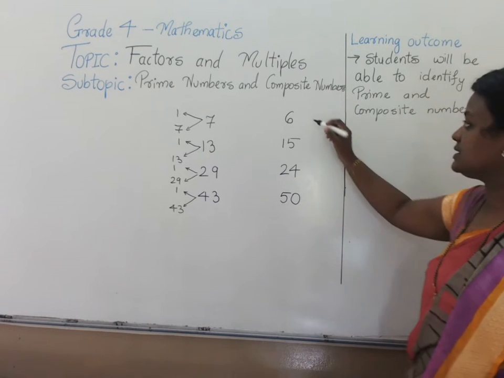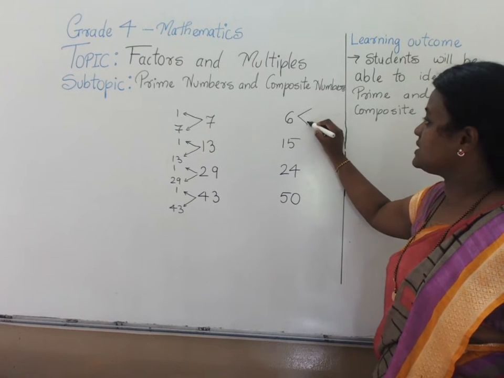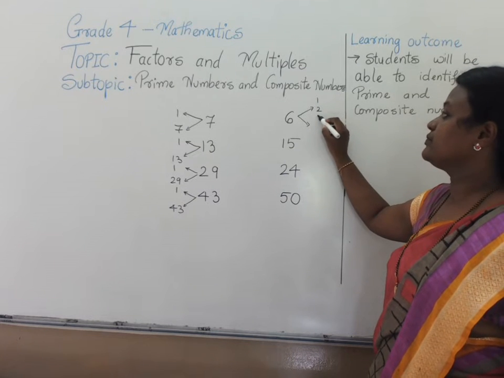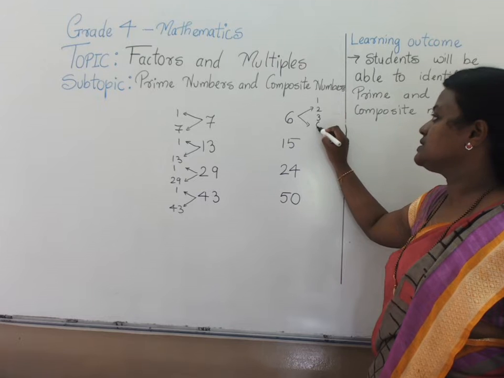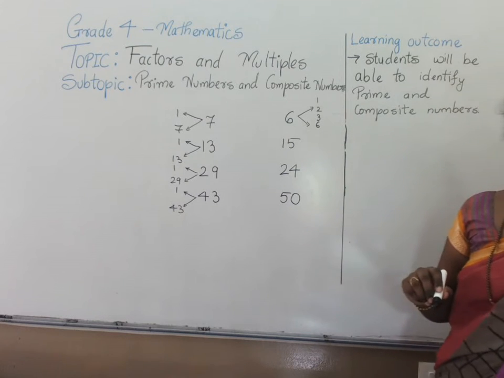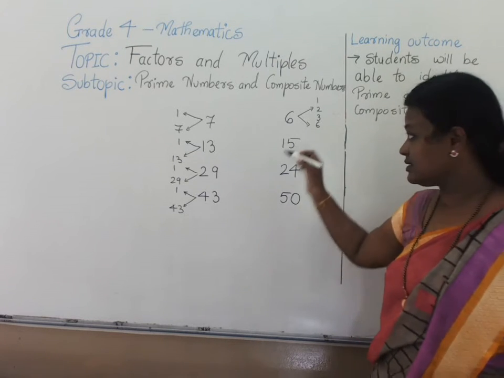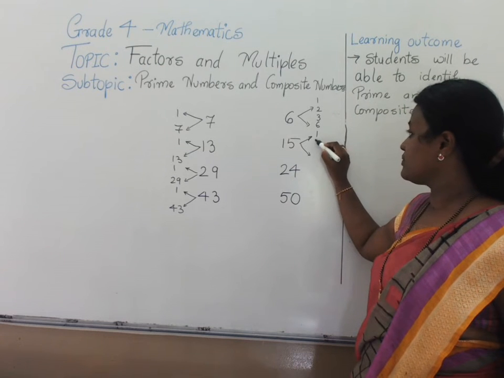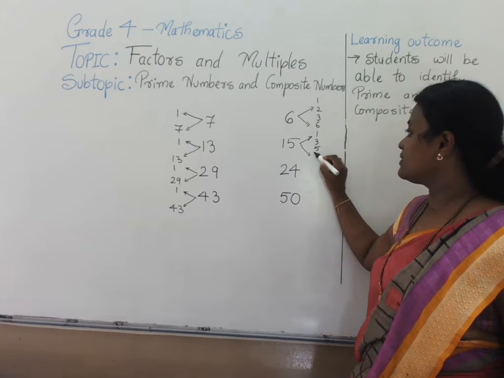Here you notice the factors of 6 are 1, 2, 3, 6. Factors of 15 start from 1, 3, 5, 15.